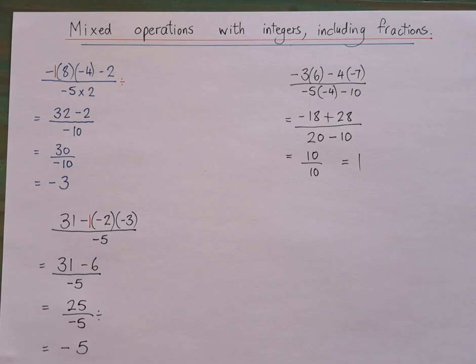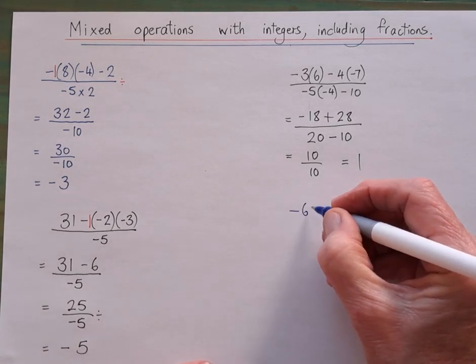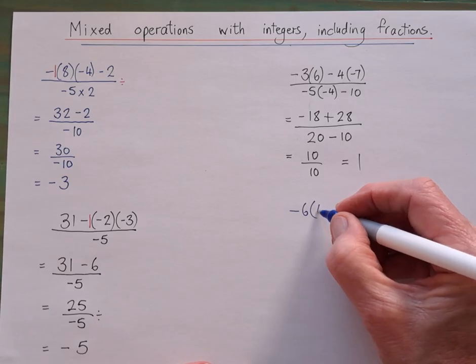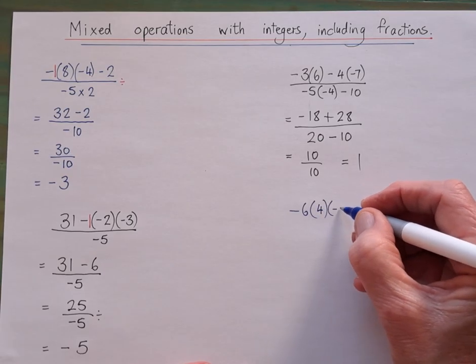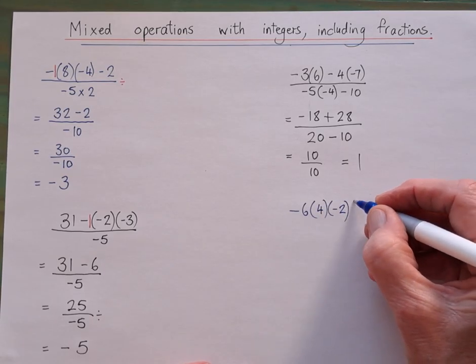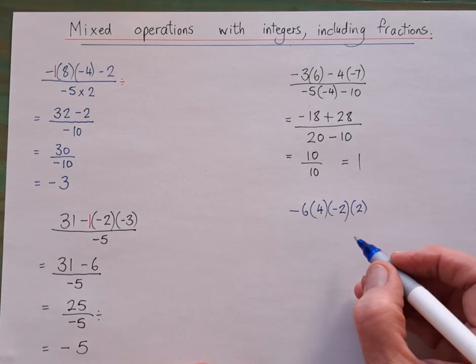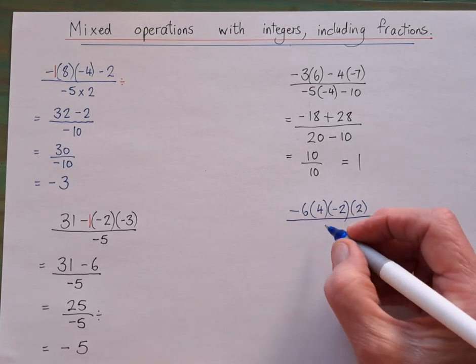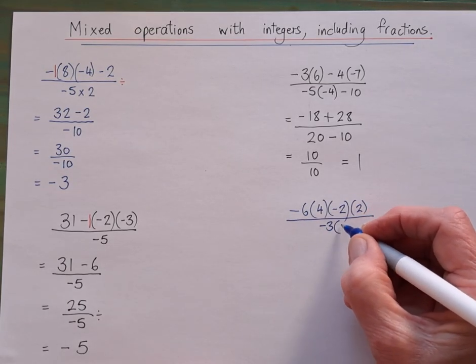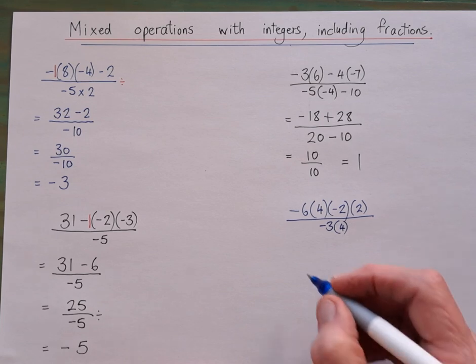And the last one we're going to have a look at today is negative 6 bracket 4 bracket negative 2 bracket 2 all over negative 3 times 4.